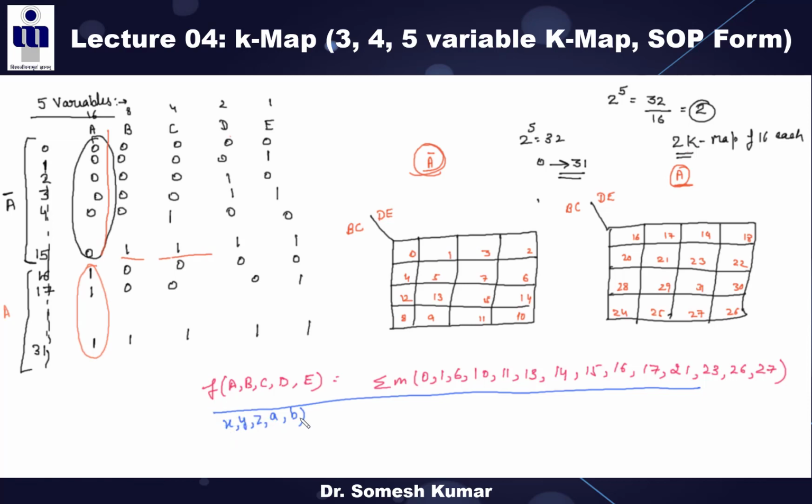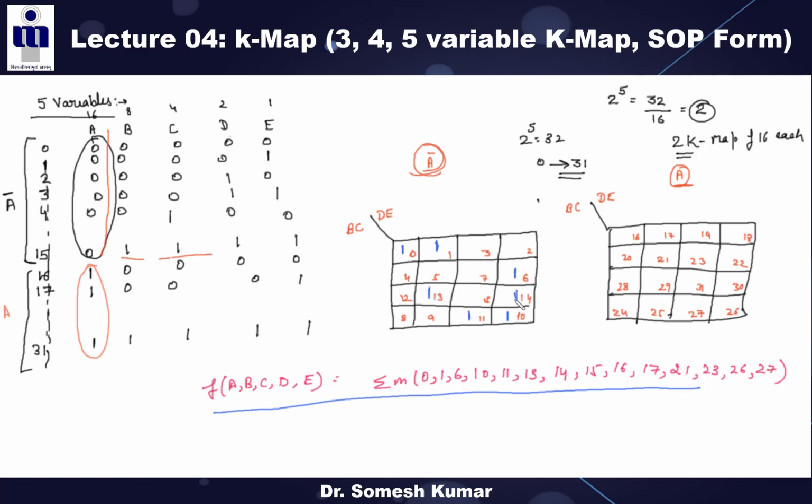Now we have to take all these positions as 1. Zero is this one, 1. Where is 6? 6. Where is 10? 10. This 11. Now this 13.